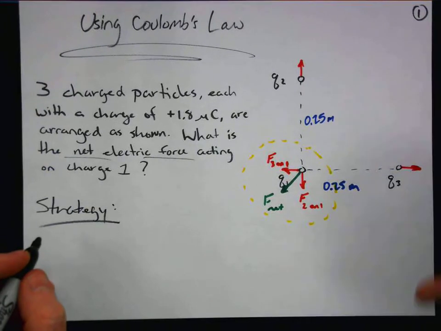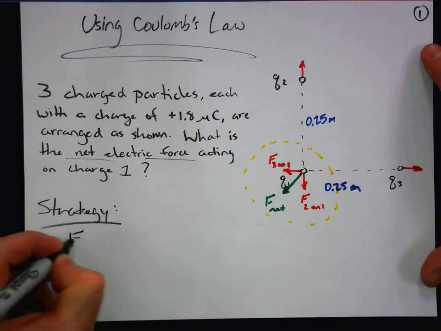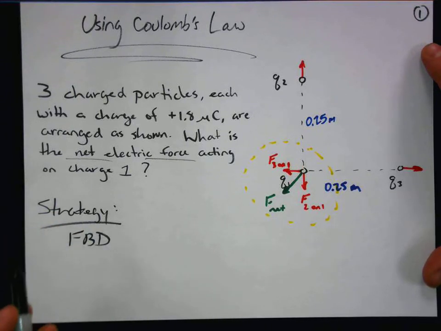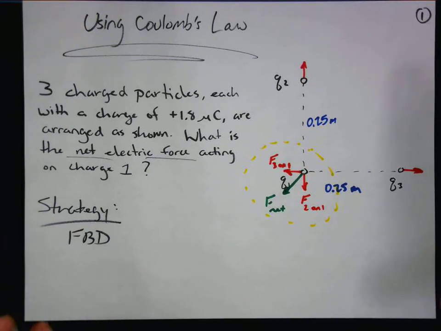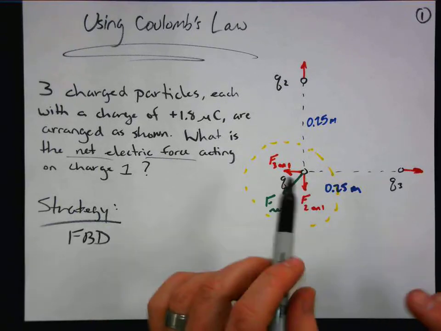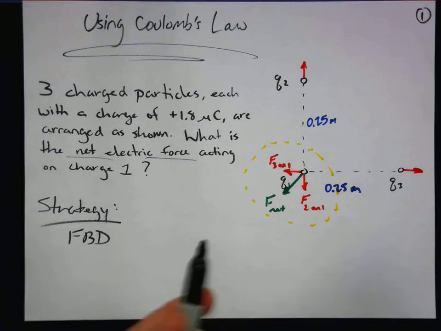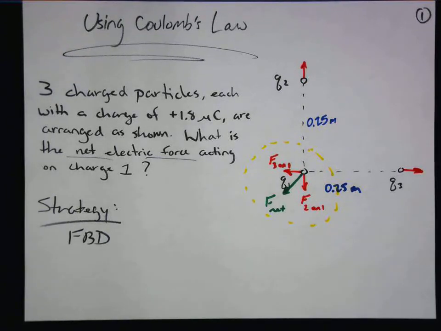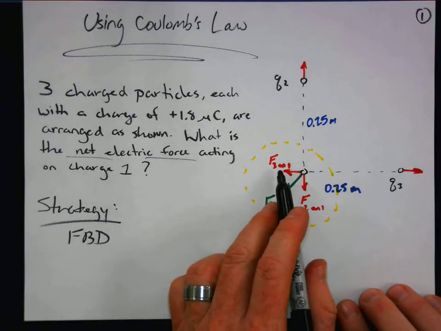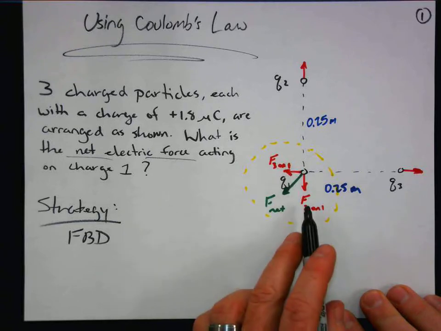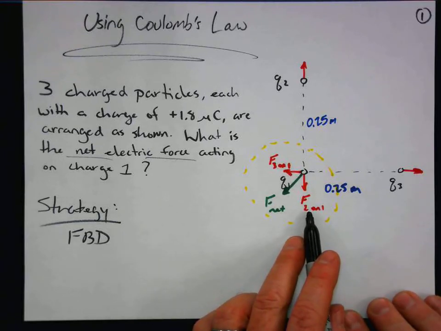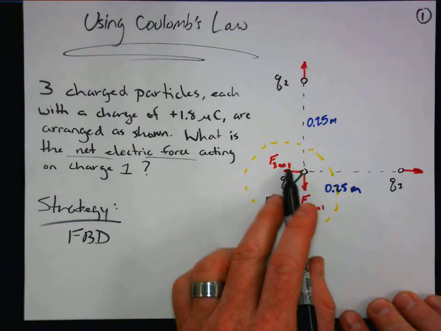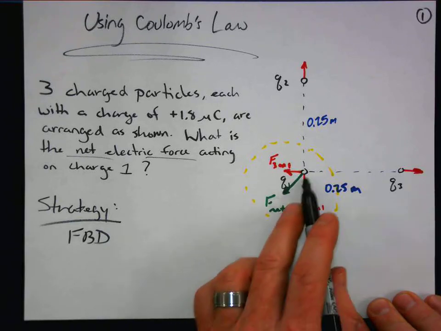So, strategy to solve this problem: I'm clearly going to want to do a free body diagram. Also, I am going to probably need to use some geometry, maybe some simple trick, right? So I will probably end up solving for force of 3 on 1 and for force of 2 on 1. And I will likely use those as the components of the net force, right?